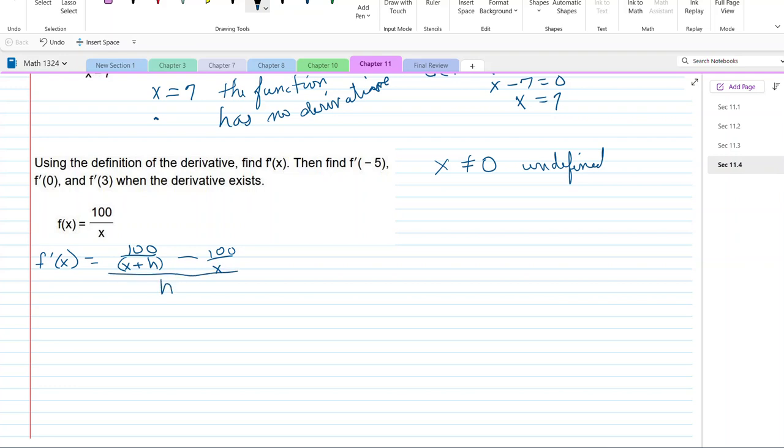Now what we need here is to multiply out the denominators by an LCM, the least common multiple. And of course it's going to be x times x plus h, because that's the common denominator. And so we're going to multiply the top and bottom by the LCM.